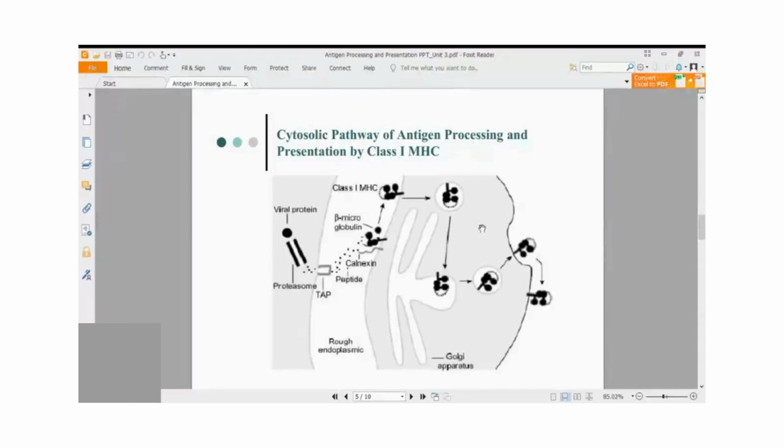If it is the host cell and not an antigen presenting cell, a normal tissue cell, then also the antigen that is presented on class 1 MHC is recognized by CD8 and NK cells. And they get arrested there, they get activated, they will start secreting granzymes, and they will start secreting the perforins, which are inserted, and that cell is going to be destroyed. We have seen that process in the effector mechanism.